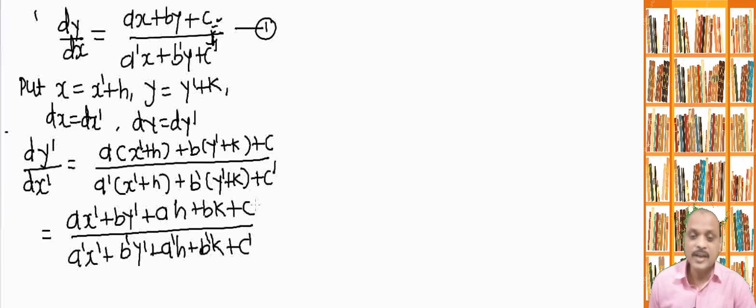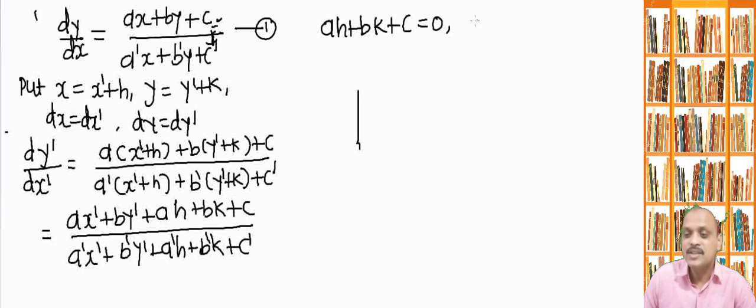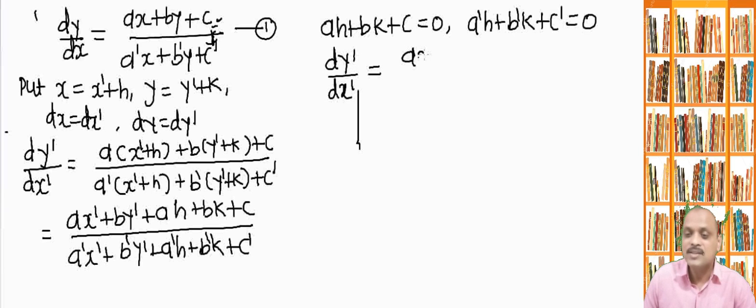Now whenever in this expression the constants ah plus bk plus c equal 0 and a dash h plus b dash k plus c dash equal 0, we get dy dash divided by dx dash equal to ax dash plus by dash divided by a dash x dash plus b dash y dash.